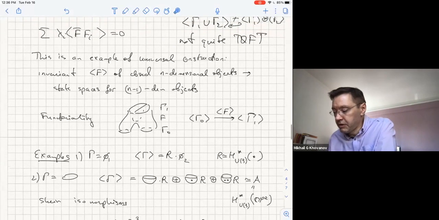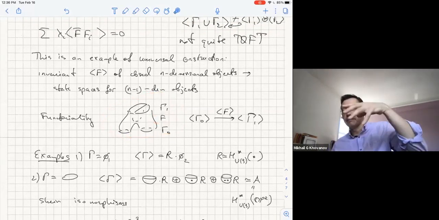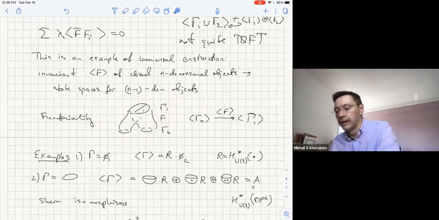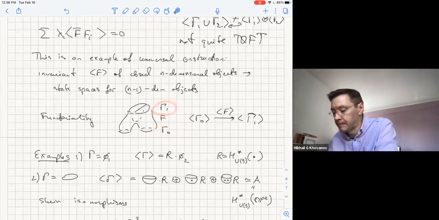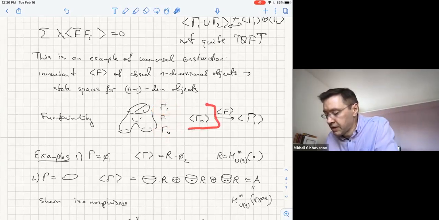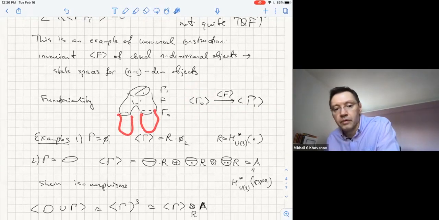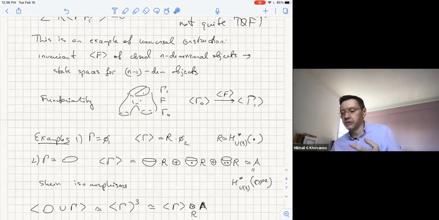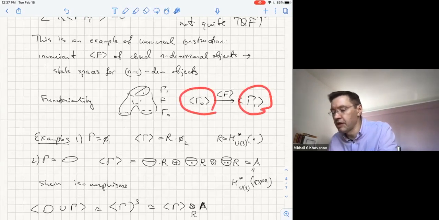And we still have functoriality, just from the construction. Whenever you have a form, or something more general, a cobordism from gamma 0 to gamma 1, an element of the state space of gamma 0 can be represented by an object or a linear combination of objects with boundary gamma 0. So taking this object, composing with F, gives us an object with boundary gamma 1 and induces a map from the state space of gamma 0 to gamma 1.